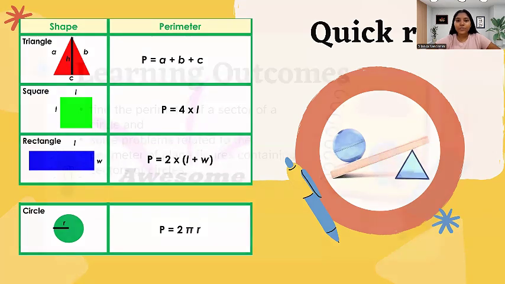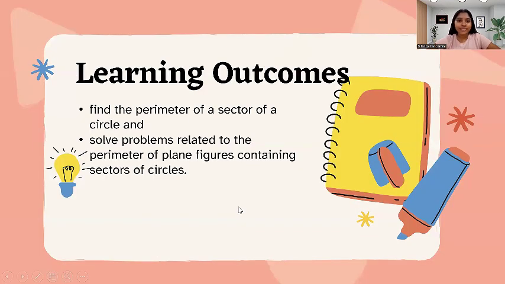So now today we are learning a fascinating concept, that is how to measure the perimeter of a sector of a circle. At the end of this lesson, you should be able to find the perimeter of a sector of a circle, and also you should be able to solve problems related to the perimeter of plane figures contained in sectors of circles.